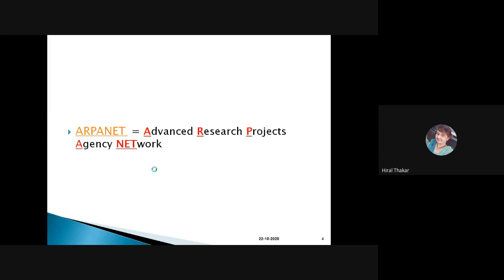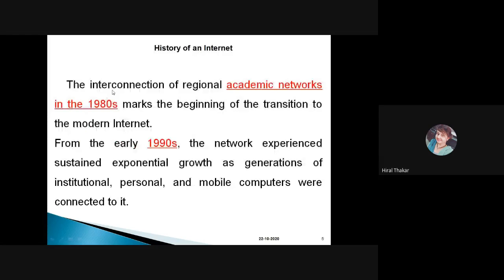Initially, in the 1960s, it was built for the US Army to share confidential information. After that, it became very successful. It was fault tolerant and robust. So in the 1980s, it was accepted by the academic networks.